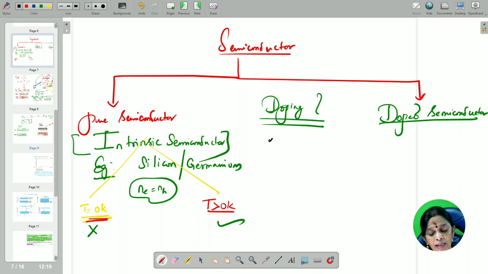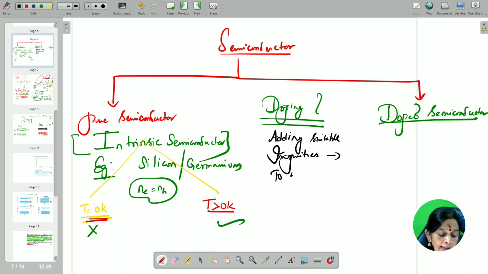Doping is nothing but adding suitable impurities. Why do we add suitable impurities? To increase conductivity, that's it. Therefore doping is done.